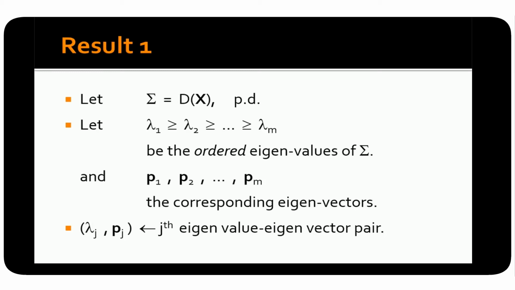You can get them in any order, but then you order them, largest first and smallest last. And let p1, p2, up to pm be the corresponding eigenvectors. So, p1 corresponds to lambda 1, p2 corresponds to lambda 2, and so on. We have a pair lambda j, pj, the jth eigenvalue eigenvector pair.